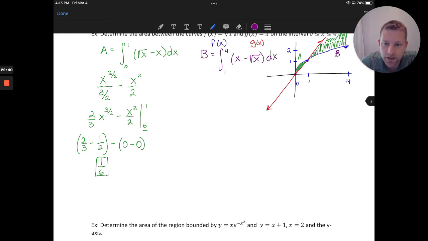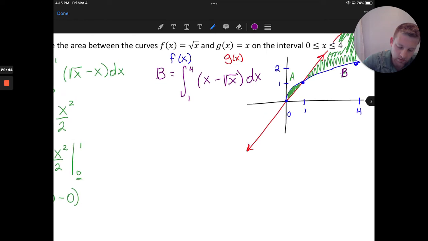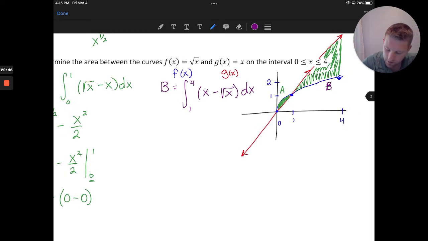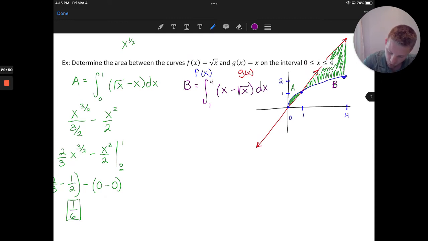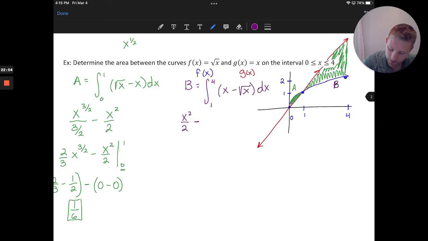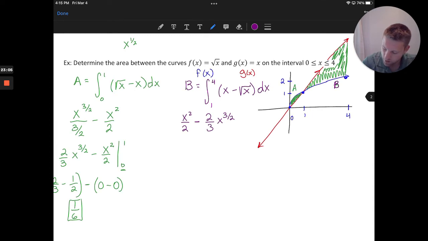Now let's go ahead and shift gears to the B area. Again, this should have the same antiderivative, but just written in reverse. So we have x squared over 2 for x, minus, we'll have the 2/3 x to the 3/2 left over. So it's again the same as the function we had from before, but those terms are now just reversed.